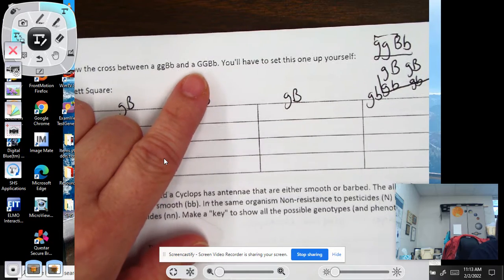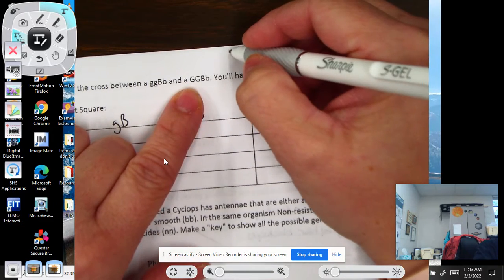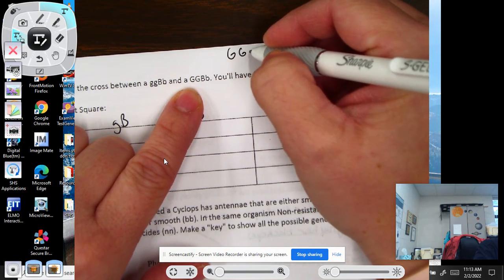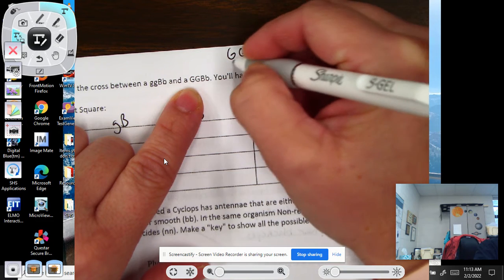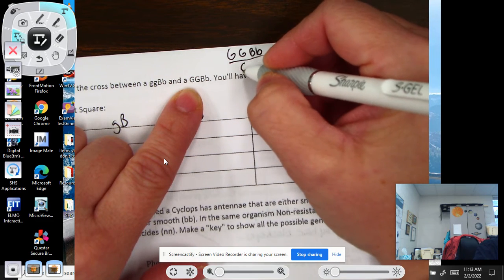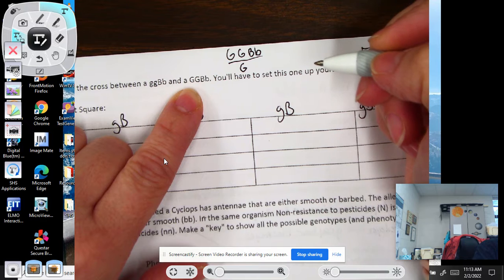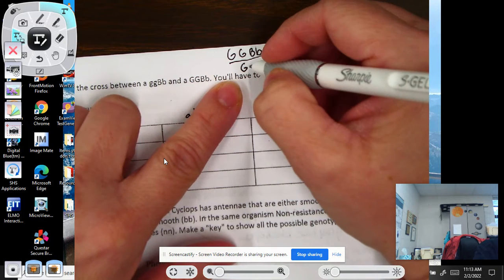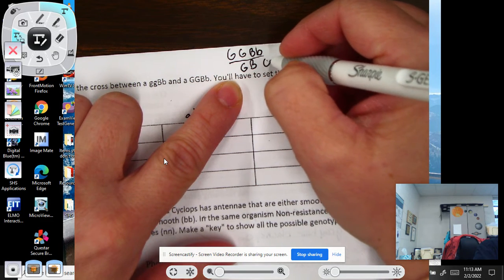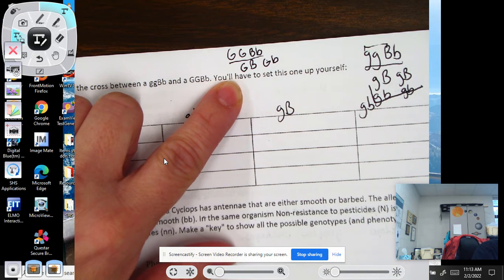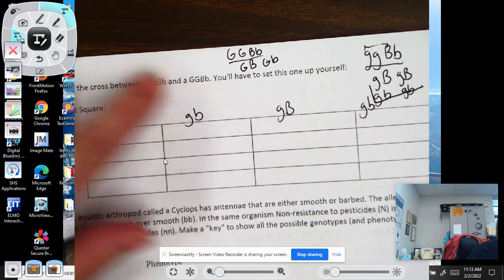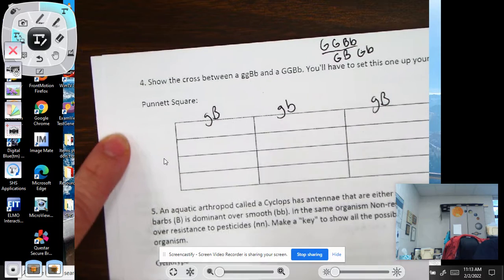Okay, same thing here. Doing the same meiosis, but I'm smart enough to realize everybody's getting a capital G. Everybody's getting a big B or a little b. Okay, same thing. I'm going to put it down here.